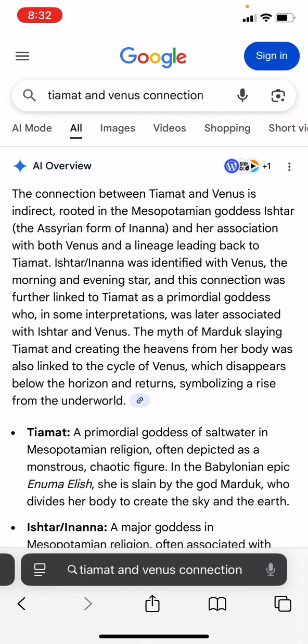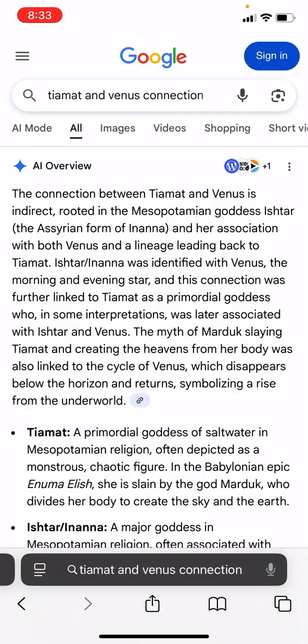The connection between Tiamat and Venus is indirect, rooted in the Mesopotamian goddess Ishtar, the Assyrian form of Inanna, and her association with both Venus and a lineage leading back to Tiamat. It says Ishtar / Inanna was identified with Venus, the morning and evening star. And this connection was further linked to Tiamat as a primordial goddess who, in some interpretations, was later associated with Ishtar and Venus.